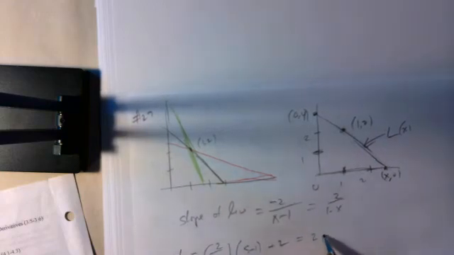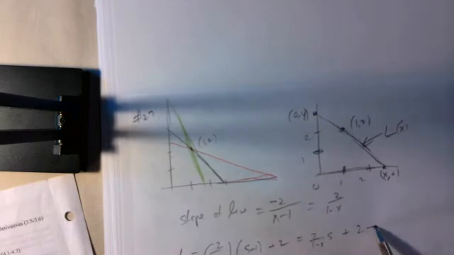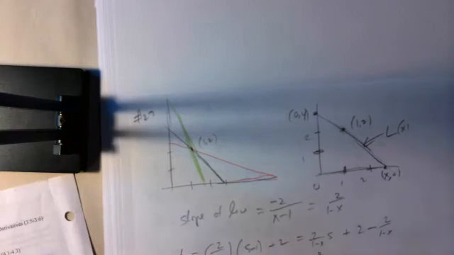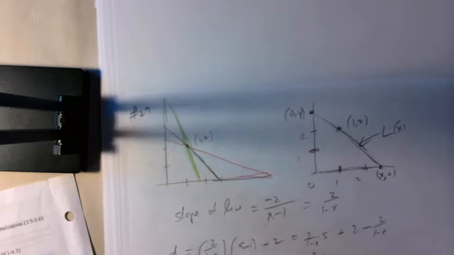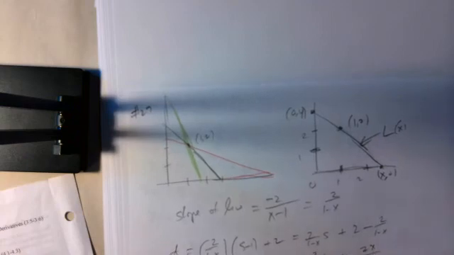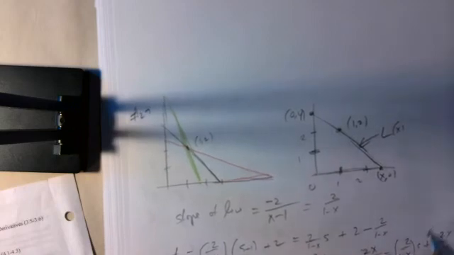So this is 2 over 1 minus x times s plus 2 minus 2 over 1 minus x, which is 2 over 1 minus x times s plus, this is 2 minus 2x minus 2, over 1 minus x, or 2 over 1 minus x times s plus 2x over x minus 1.